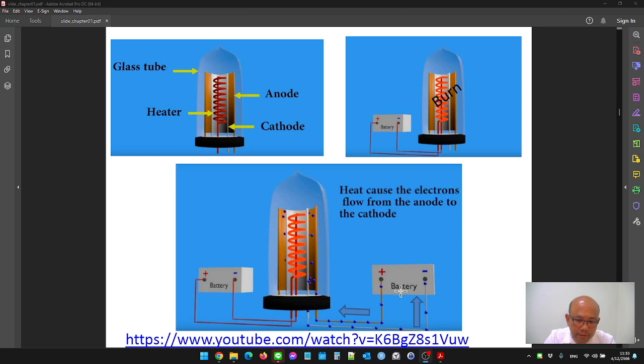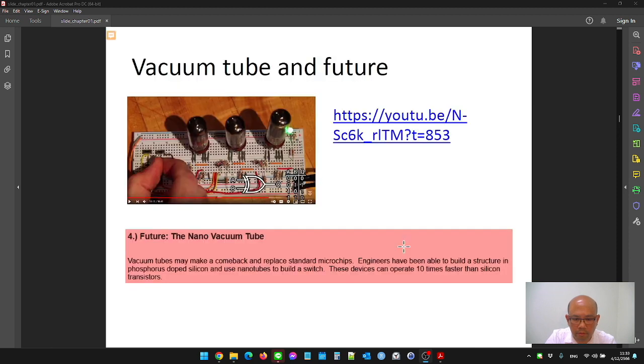Here I supply power on the left hand side to generate heat in the vacuum tube, and the right hand side is the supply passing to the vacuum tube, which functions as a diode. And here in these pictures, some developers tried to use the vacuum tube to build a digital circuit.